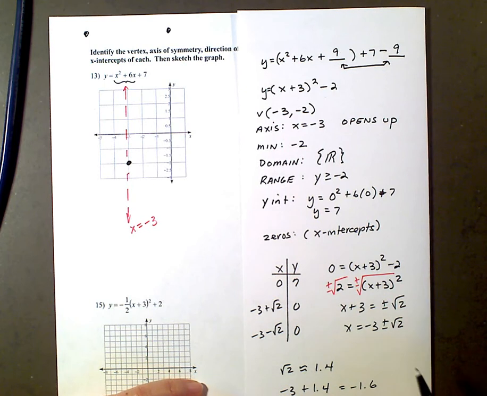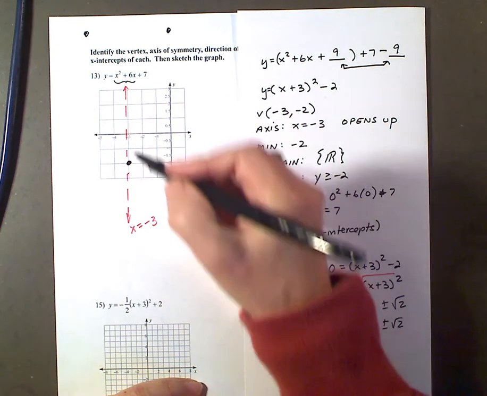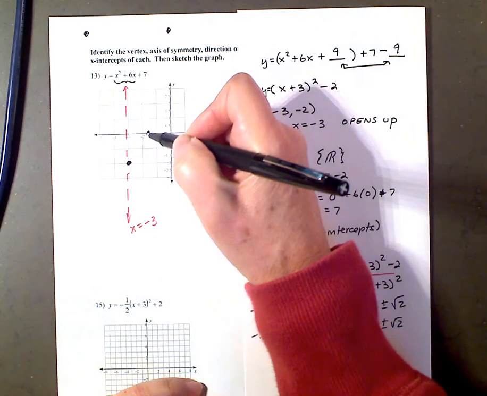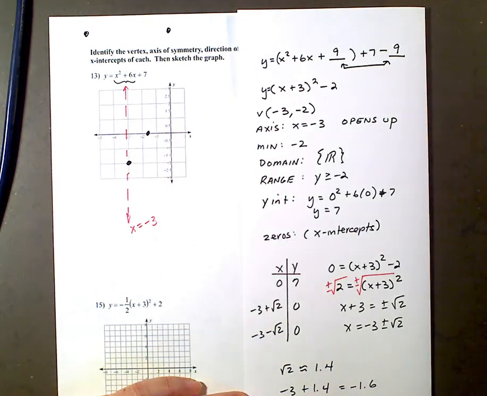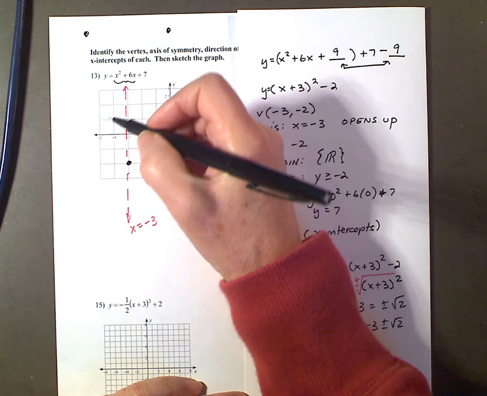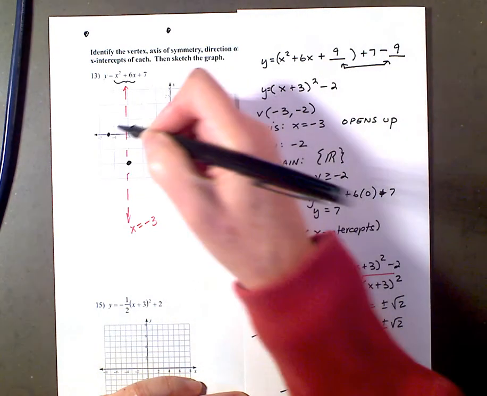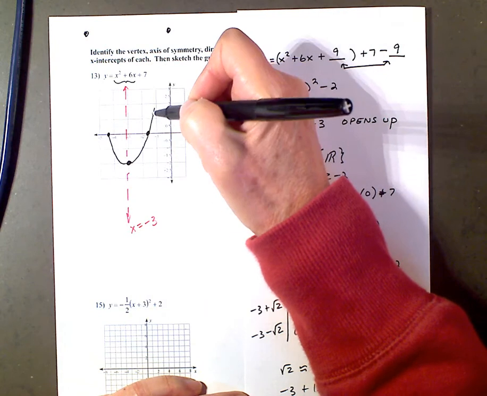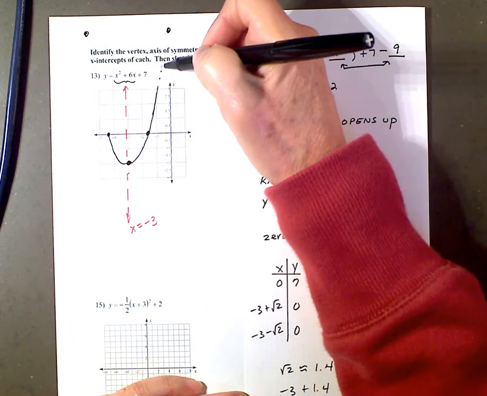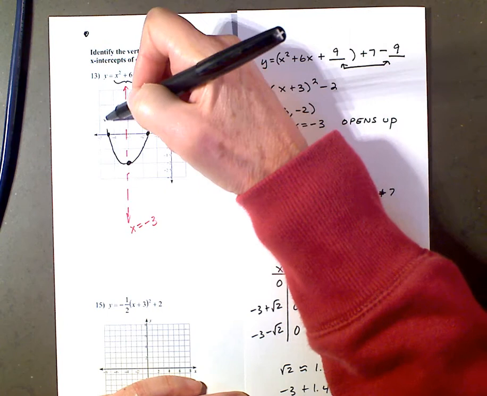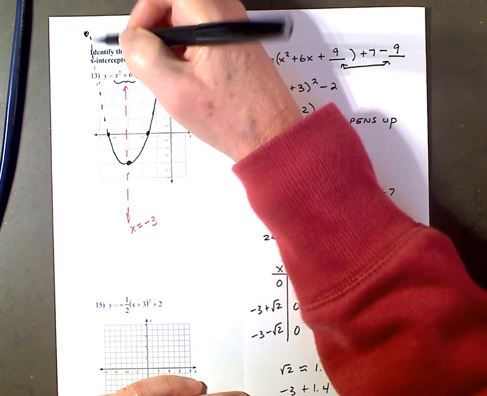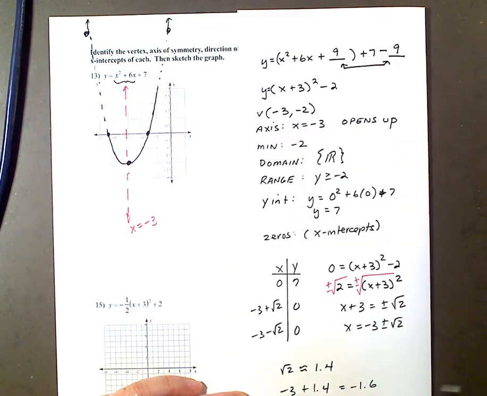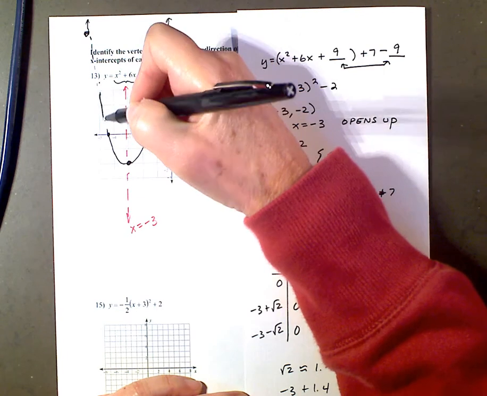So I'm going to say negative 1.6 is going to be right about here, and symmetrically negative 4.4 is going to be about here. So that's going to give me enough to sketch a smooth curve. And I know I would go off of this particular page, but go through some points up here. So anyway, on the graph, it would look about like so.